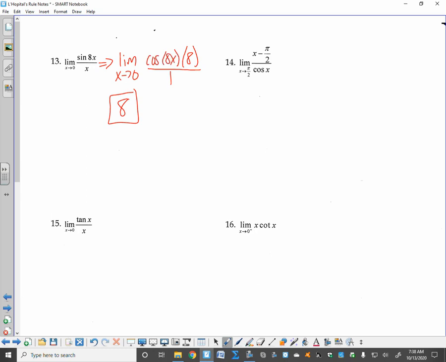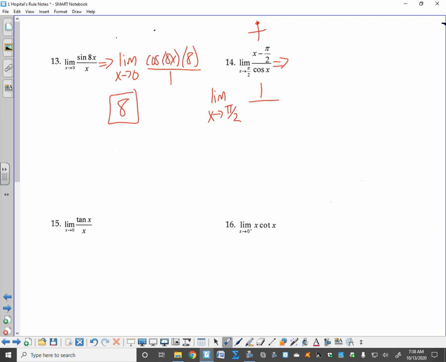Okay. Pi over 2. Well, the top definitely goes to 0. Pi over 2, cosine of that would be 0. Yep. Okay. So top 0, bottom 0, L'Hopital's rule, indeterminate form, all that stuff. This becomes the limit as x approaches pi over 2 of, well, the top goes to 1.